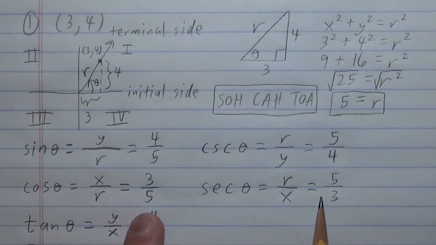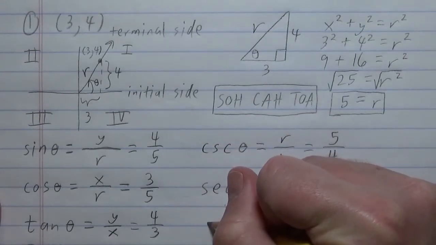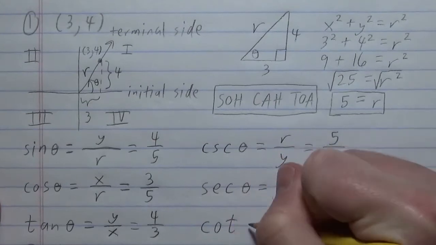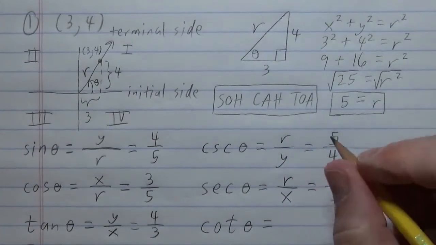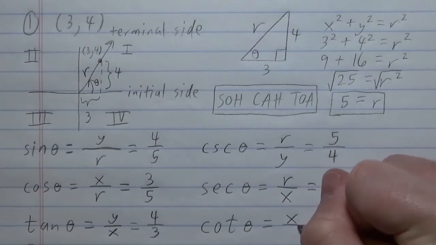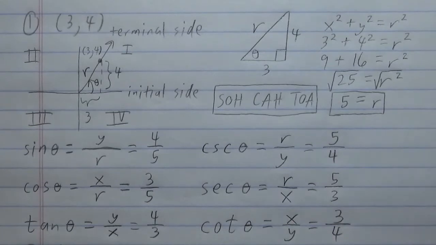And yes, you can skip this step if you know that secant is the reciprocal of cosine, which it is. We're not going to skip steps as far as writing down equations in this video. Cotangent is a reciprocal of tangent, which is x over y, which is 3/4.